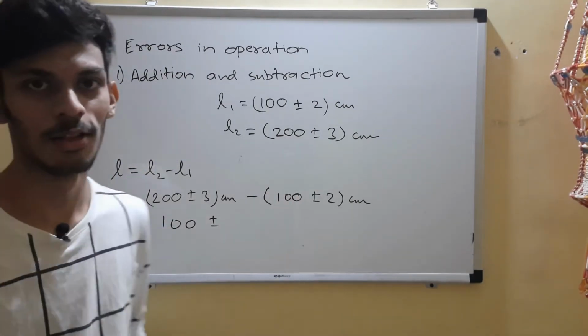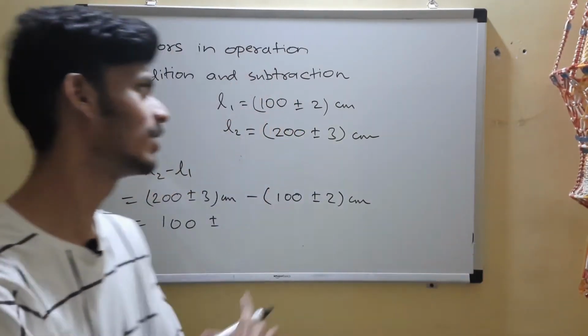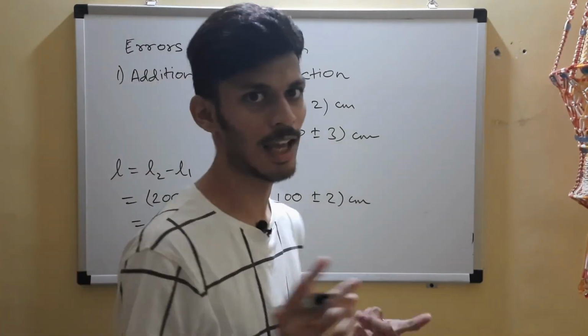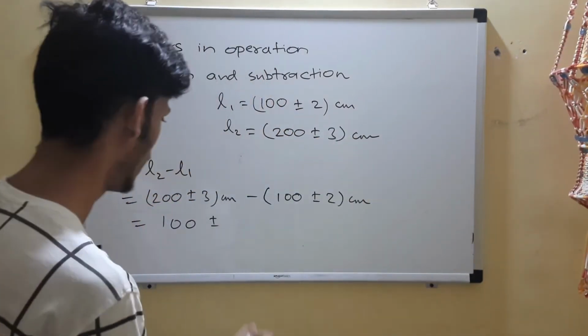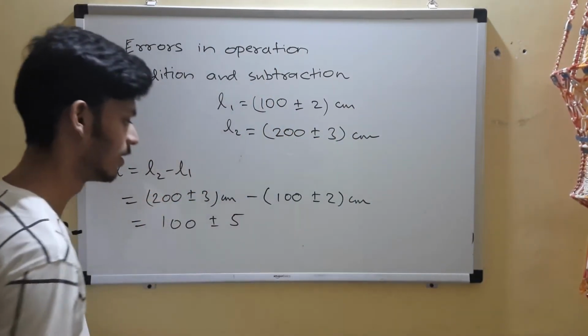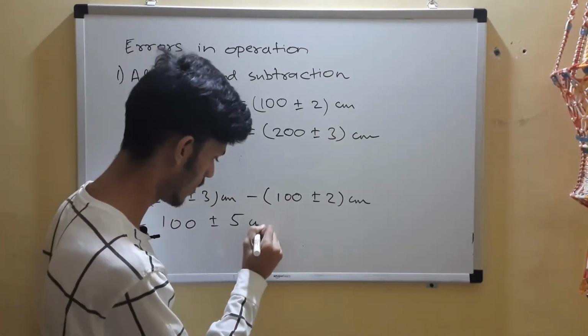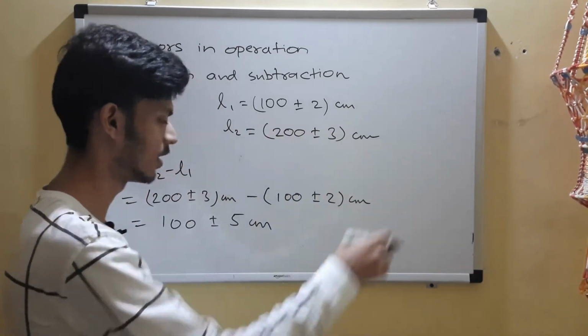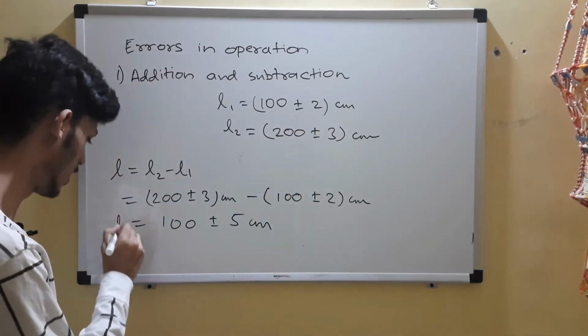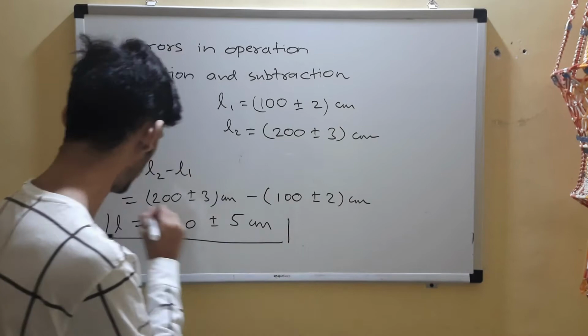3 minus 2, 1? No. Whenever you add or subtract two quantities, errors are always added. Okay, errors are always added. So it's still 5. It was 5 in the previous case as well, 3 plus 2. There it is 300 plus or minus 5, here it's 100 plus or minus 5.